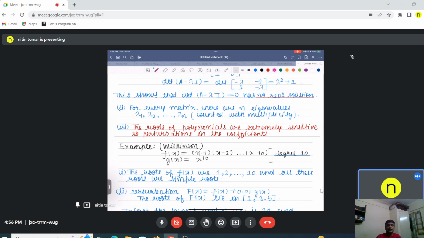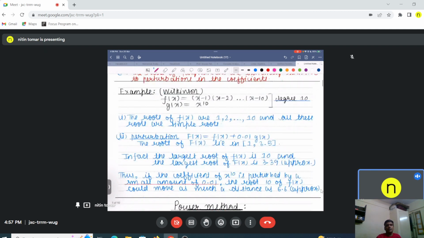It is a degree 10 polynomial, and you take g(x) to be x power 10. Then the roots of f(x) are 1, 2, up to 10, and all these roots are simple roots.